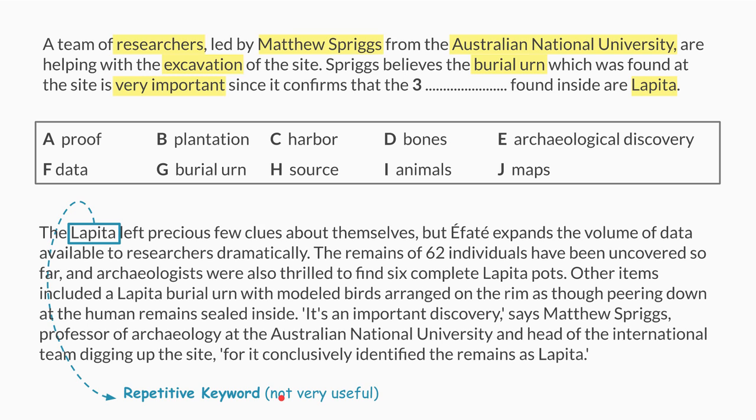So it's not very useful. The whole article is about Lapita people, so this keyword is something that appears again and again and again. So we're not really looking for this keyword. It doesn't help us. But it does help us if we find this keyword around the area of our main keywords. Okay, then it becomes important.